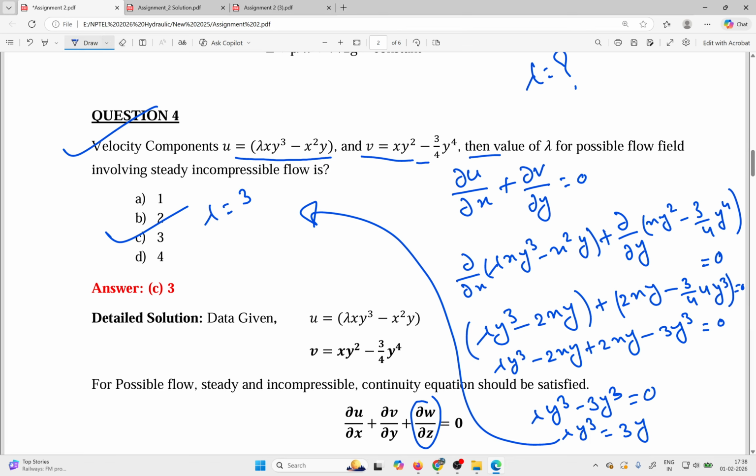Sorry for the mistake, it is cube. So lambda is equal to 3y cube by y cube, so lambda equals 3. This will be your correct answer, option C. Hope you understand.